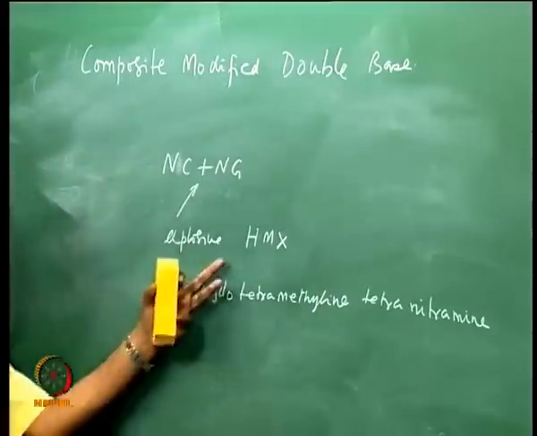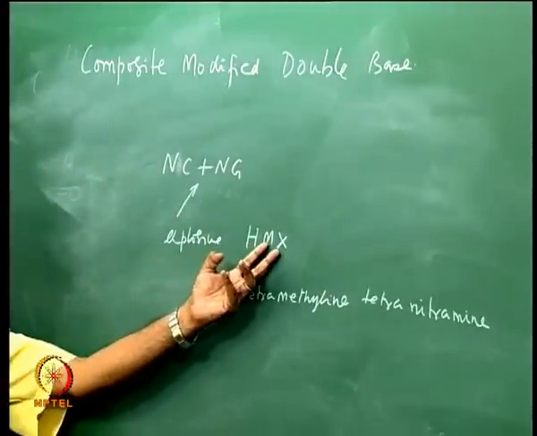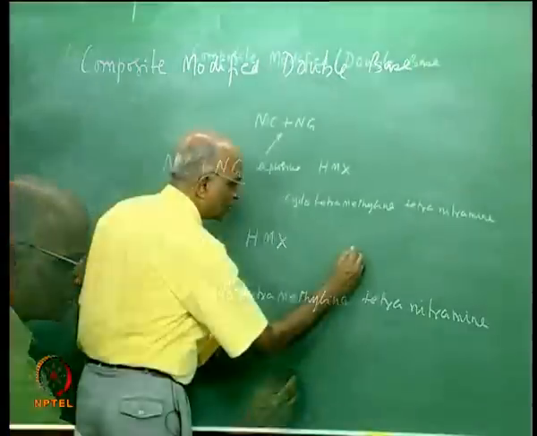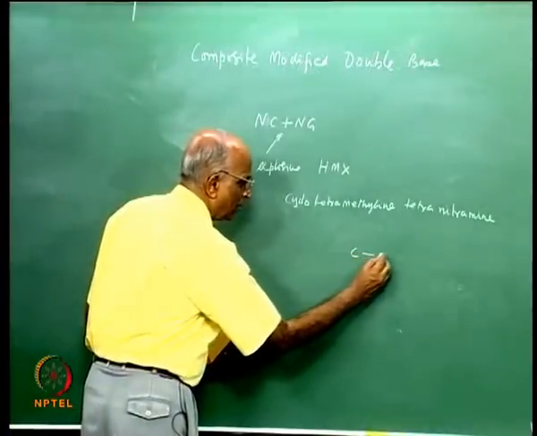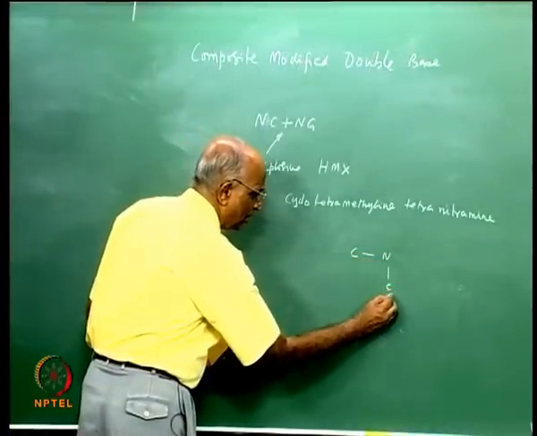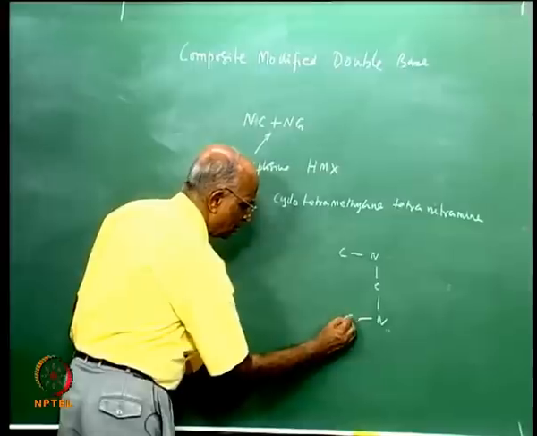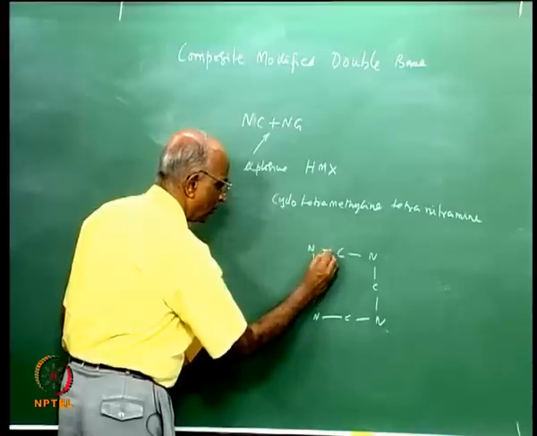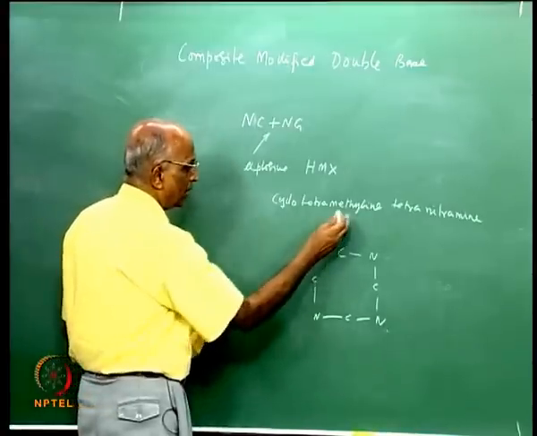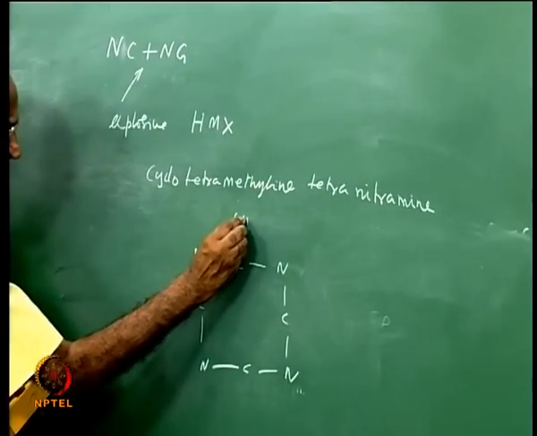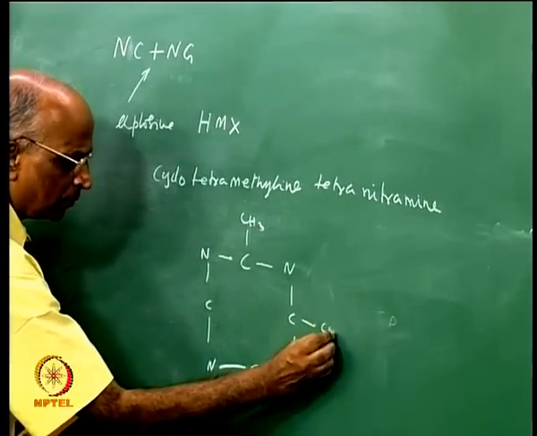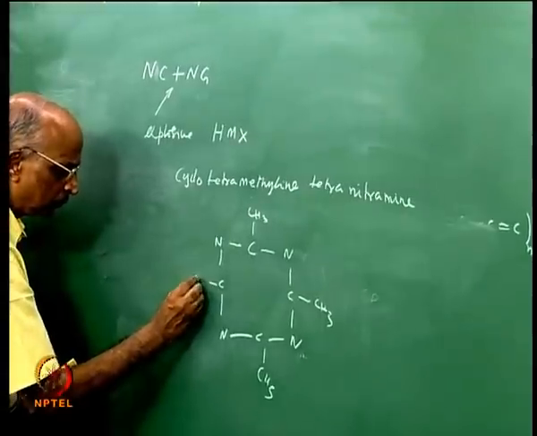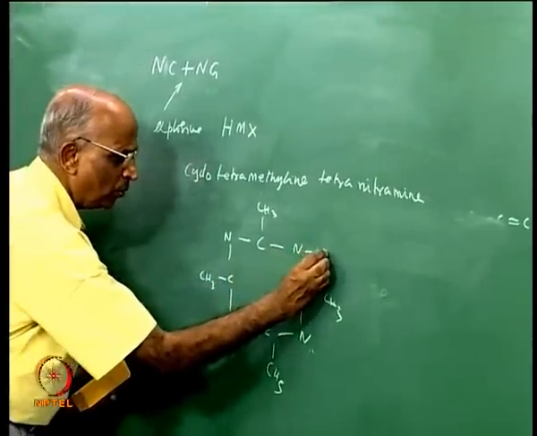You know, HMX stands for Her Majesty's explosive because it came from UK, and the chain is maybe C, you have N here, you have C here, you have N here, you have C at the center, N here, you have C here, you have N over here, and then you have the methylene radical, maybe CH3, and you have NNO2.